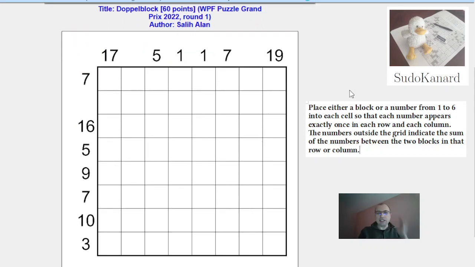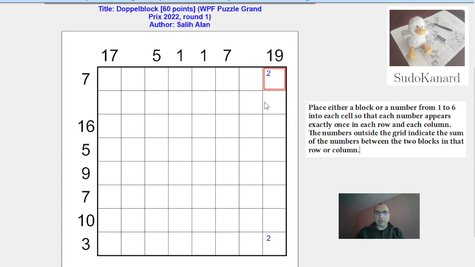Let's just remind ourselves that 21 is the magic number here. So with this 19, it means that only digit 2 is not between the blocks. And I just note it that way. There has to be a 2 in one of those two cells. And if 2 is here, then we get a block here and a block down there. If 2 is here, then we get a block here and a block there.